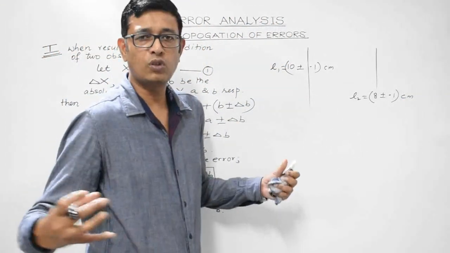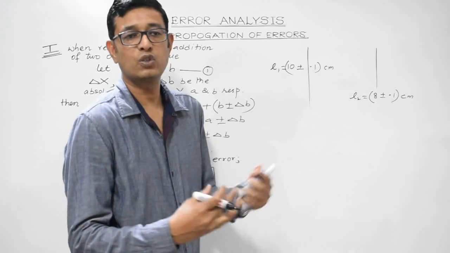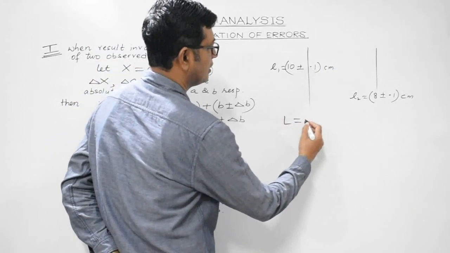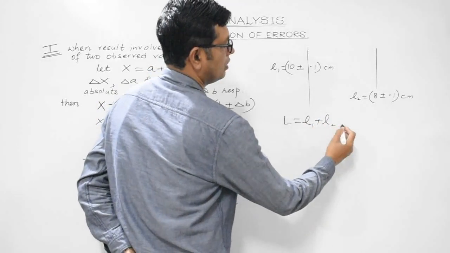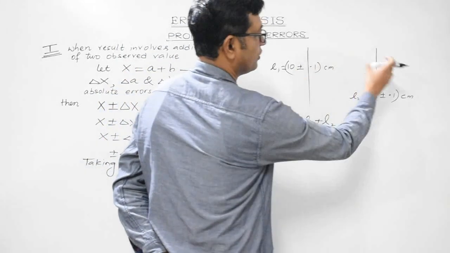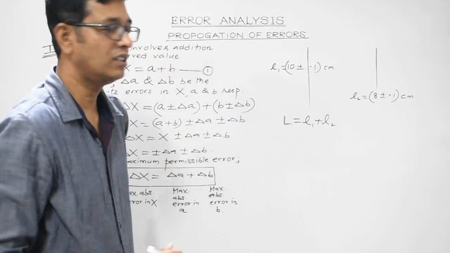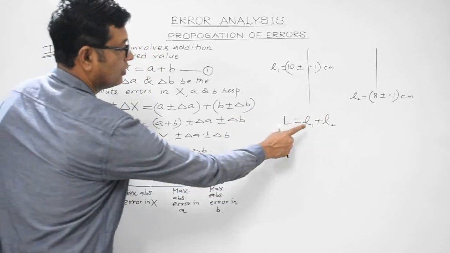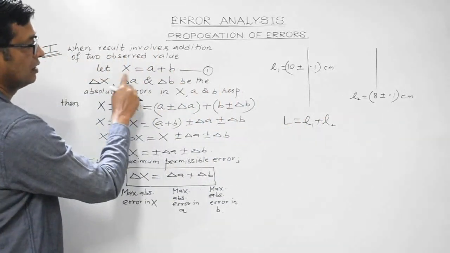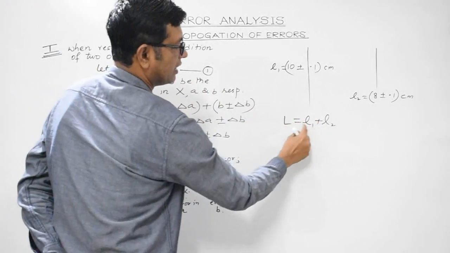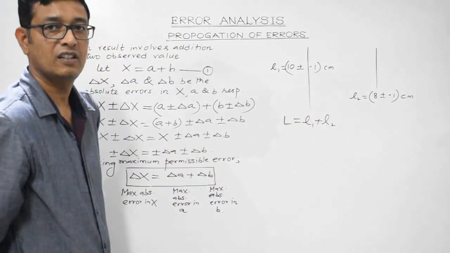What will be the total length of the 2 wires when they are joined together? That would definitely be given by L is equal to L1 plus L2, isn't it? So this corresponds to the case when the result involves the addition of 2 measured quantities. Here L1 and L2 are the 2 measured quantities.